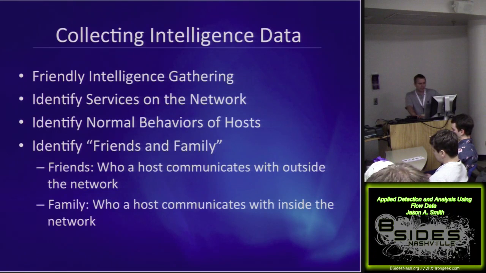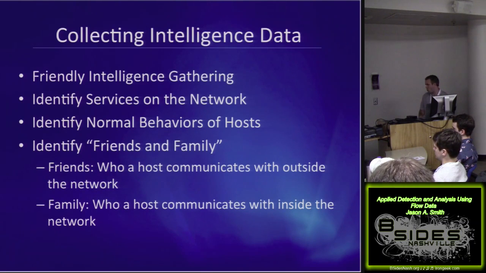When I say collecting intelligence data, I mean we're looking at friends and family, not only just bad guys, but we also want to know what's on our own network. An inventory of what you have is the most important thing that you can even use, because it says who's talking to who, how important is this, how important is that. We use SiLK data to identify a lot of services on the network. And I'll show you an automated way by which we do that. It's free to use.